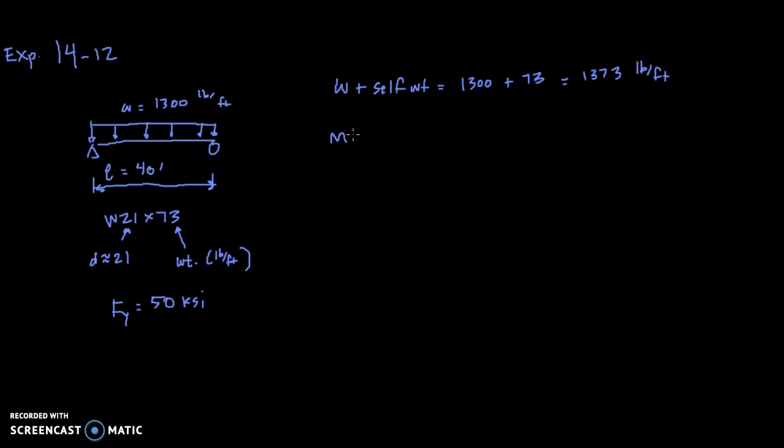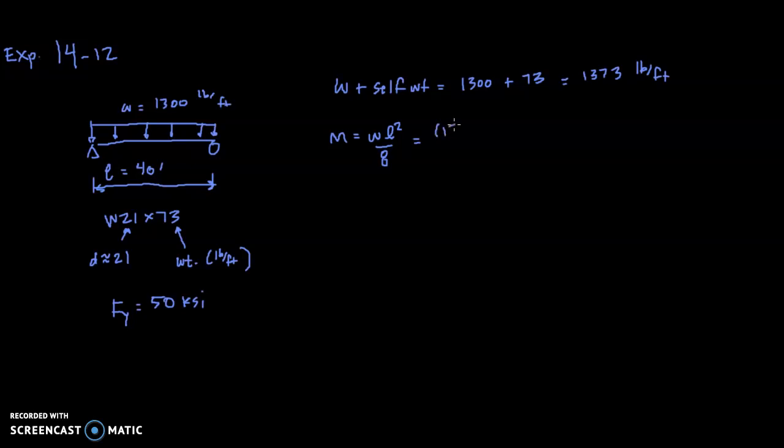The maximum moment is WL squared over 8. Again, this formula comes from Appendix H. For a simply supported beam with a uniformly distributed load, that's the formula for maximum moment.